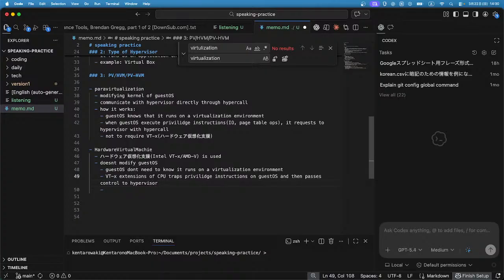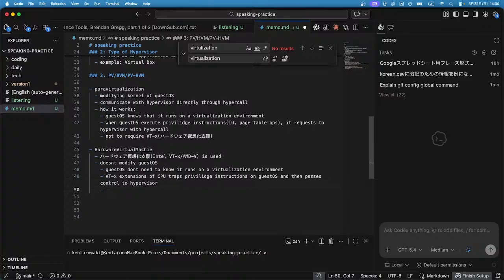So no hypercall, just trap and pass control to the hypervisor. So that's it.